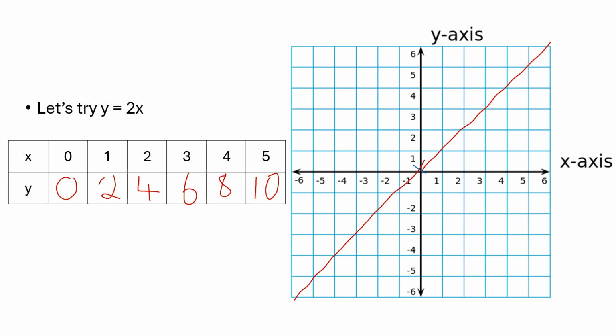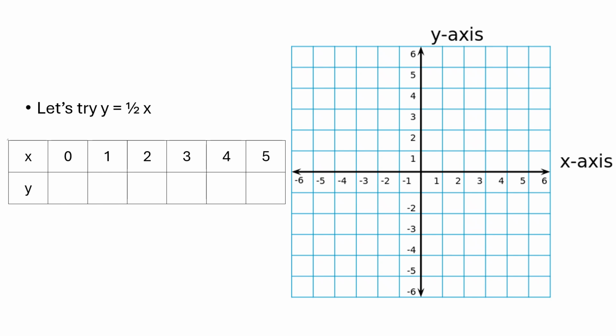It's still going to go through the origin, 0, 0, but it's going to now go up 2 squares for every one that goes across. So our line is going to look like this. If we extend it down, it would go like this. See how it's steeper? We've changed the gradient of our graph.